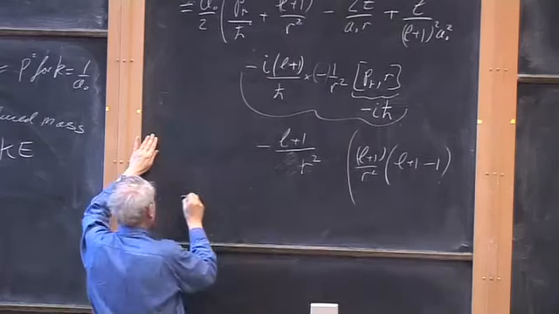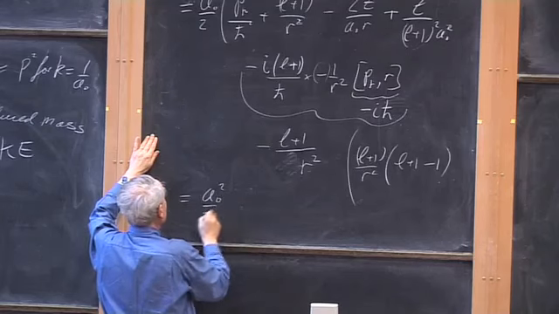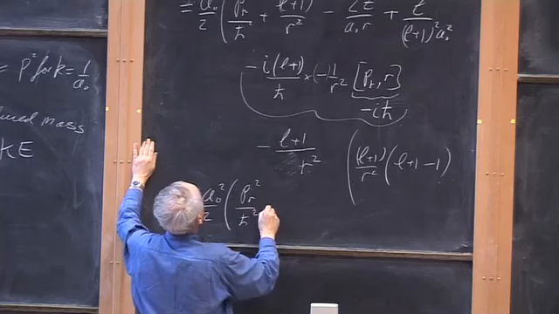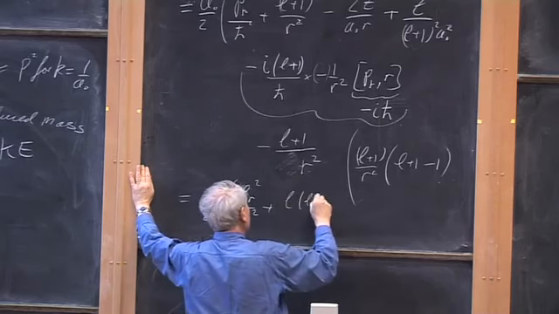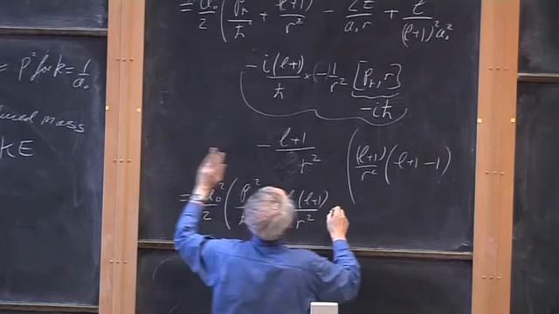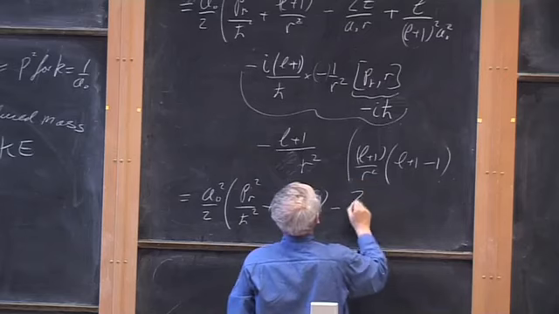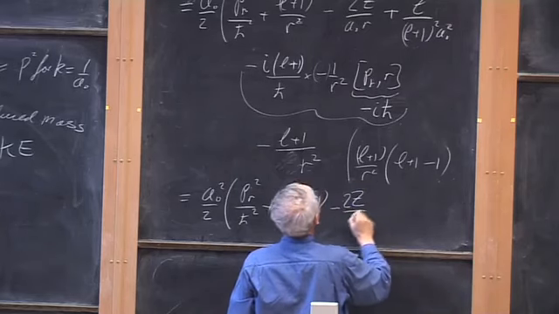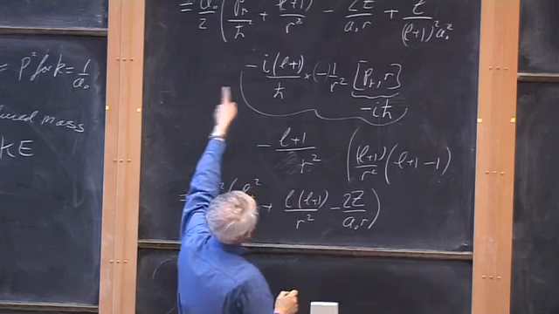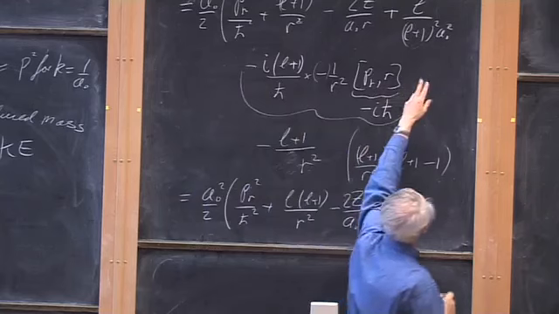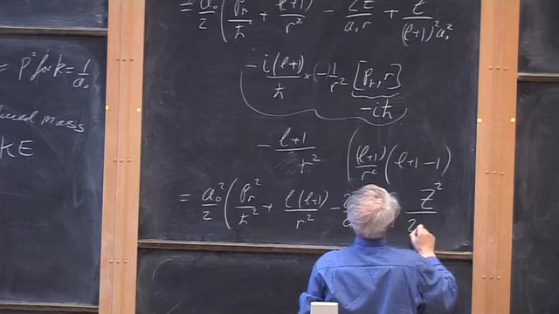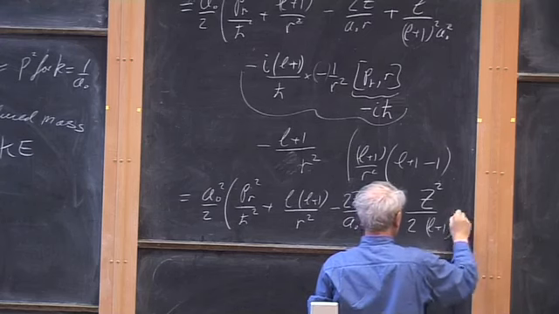So this is going to be a0 squared over 2, PR squared over h bar squared plus (L plus 1) over R squared minus 2z over a0 R, close brackets, and then I'm going to take this and join it on that, so we get plus garbage, and the garbage term is z squared over 2(L plus 1) squared.